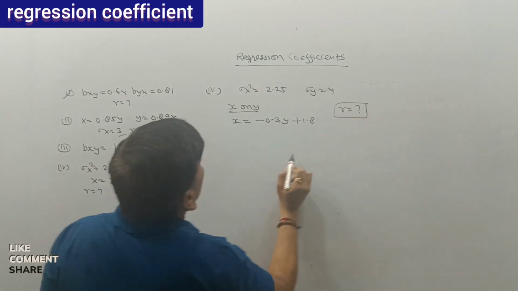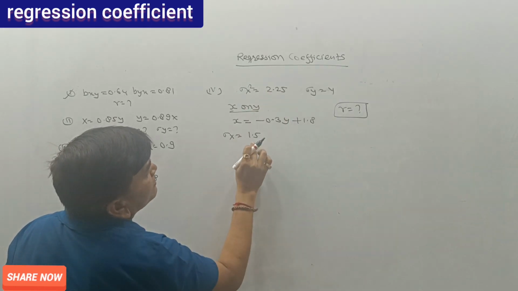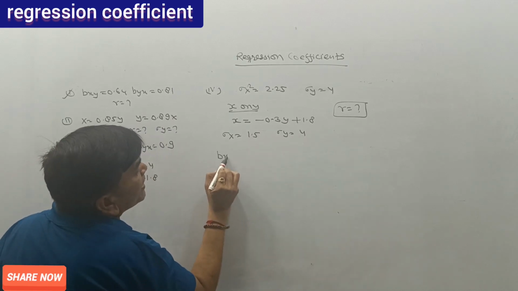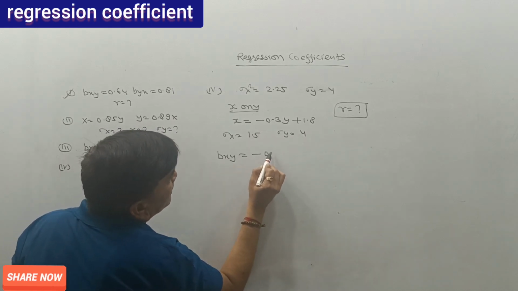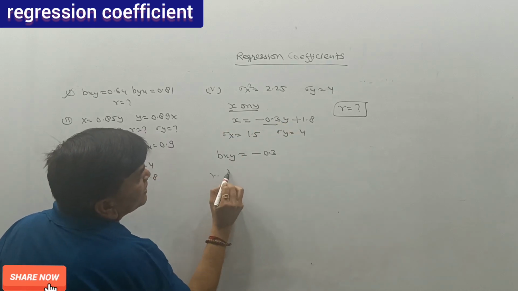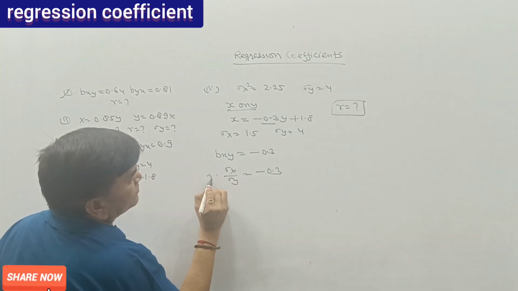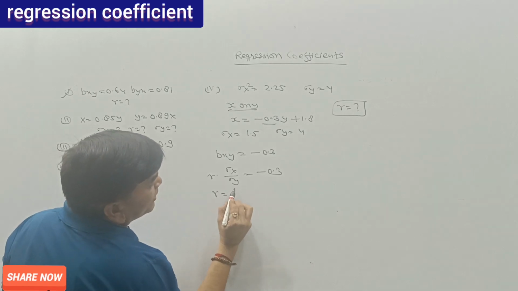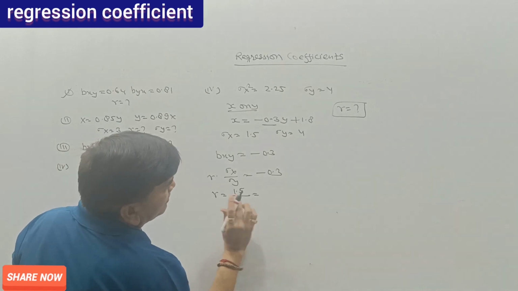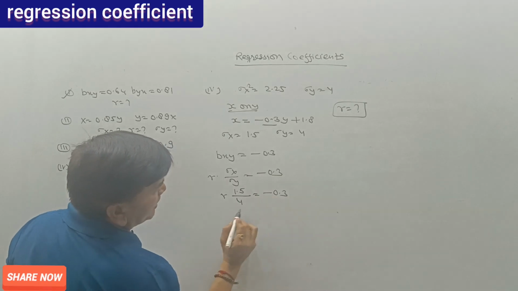As we know, the standard deviation of x is 1.5, getting the under root of this. The standard deviation of y is given as 4. bxy is given as -0.3. So r multiplied by standard deviation of x upon standard deviation of y is -0.3. So r multiplied by 1.5 divided by 4 is -0.3.